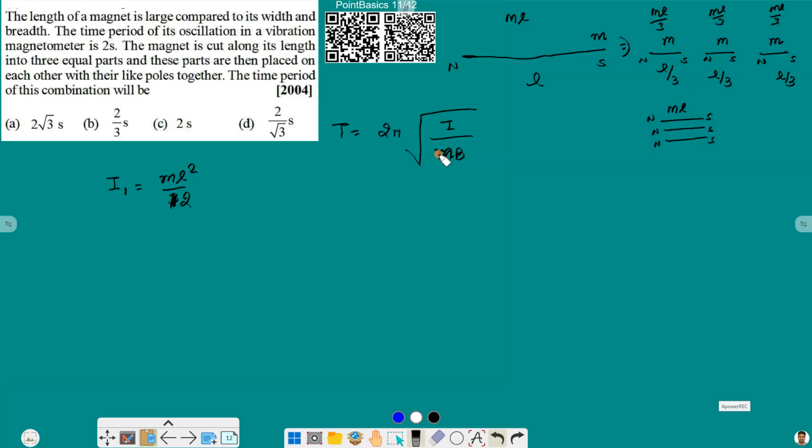Small m is already taken as a pole strength, so mass will be taken by capital M, that we need to correct. So capital M is the mass.